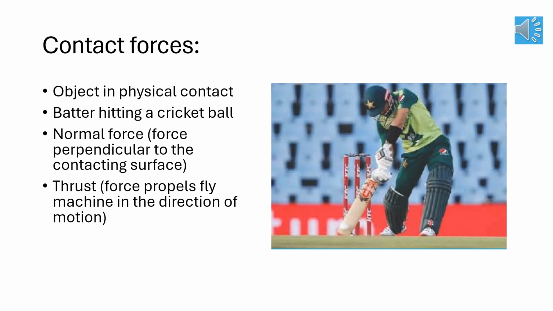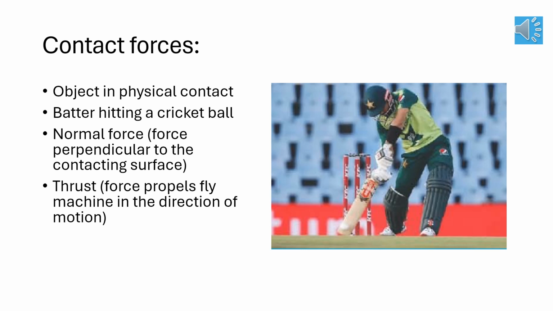So there are two examples written here of contact forces. One is normal force. What is normal force? Let's say we have a book placed on a table. So now the cover of the book and the surface of the table are in contact.